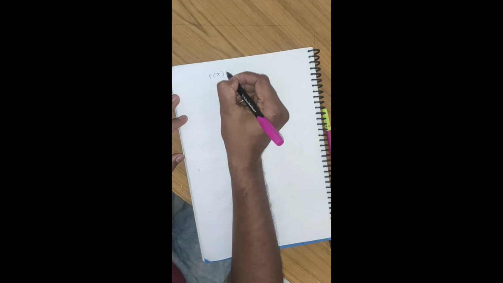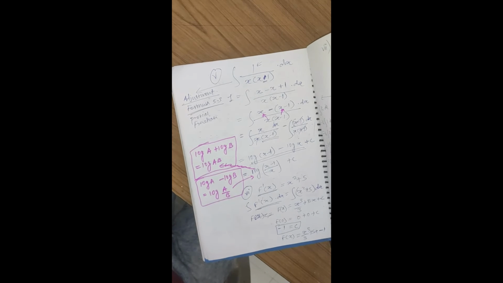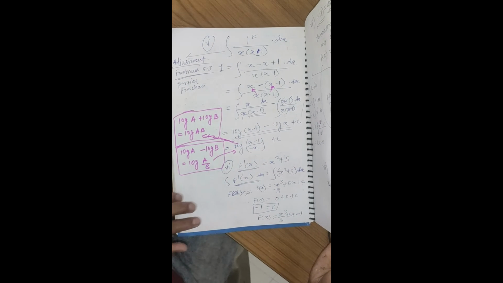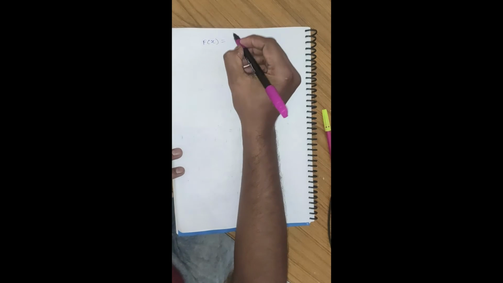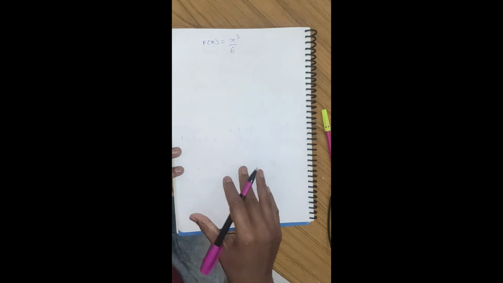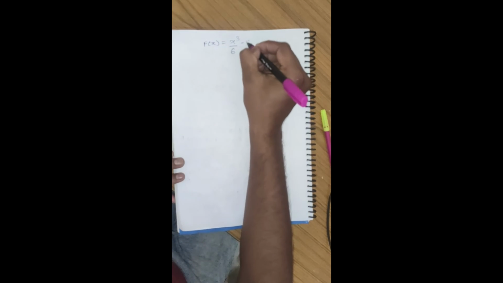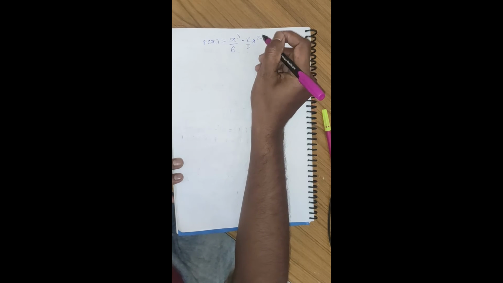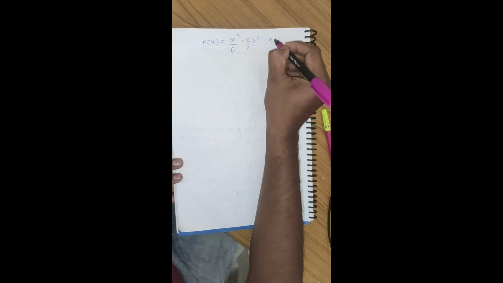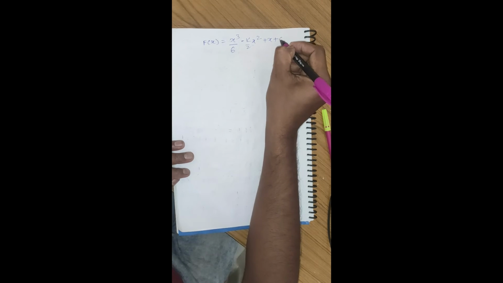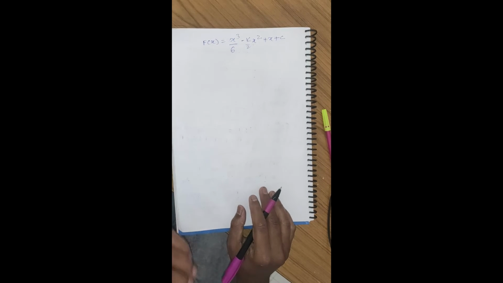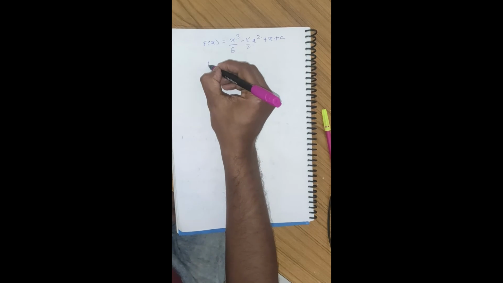I write it again. So f of x is equal to x cube by 6 minus k by 2 x square plus x plus c.